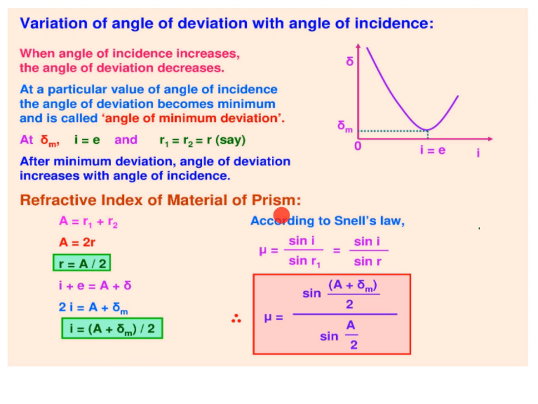Then, according to Snell's law, mu is equal to sin I upon sin R, where I is the angle of incidence and R is the angle of refraction. Putting the values, I is (A plus delta m) upon 2, and R is A by 2. So we get mu is equal to sin of (A plus delta m) upon 2 divided by sin of A by 2.